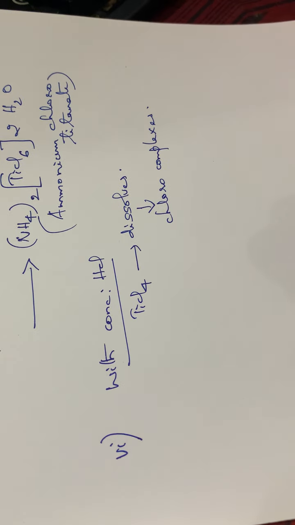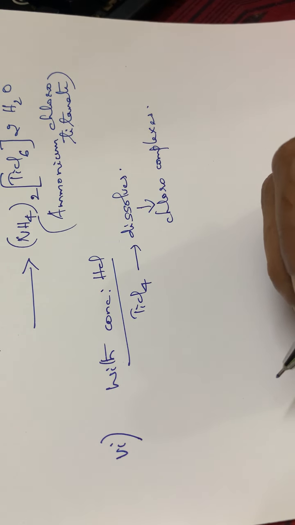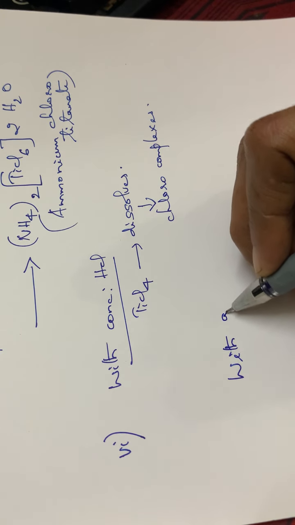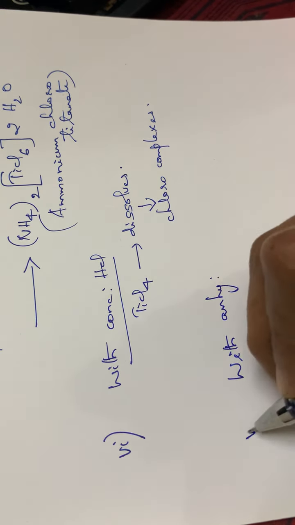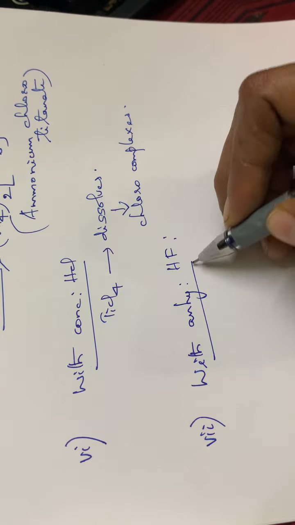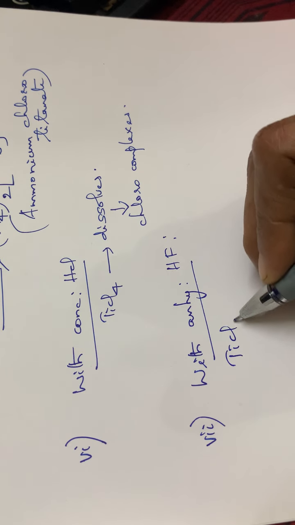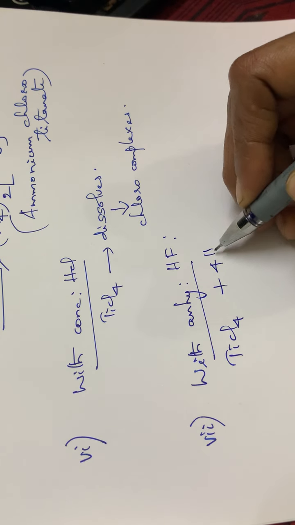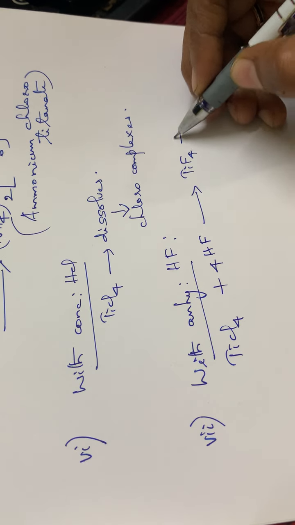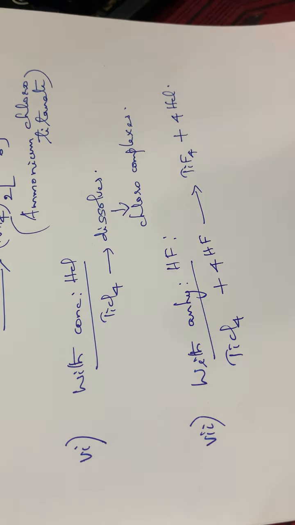Then the next one is the reaction with anhydrous HF, the seventh reaction. Here titanium tetrachloride plus 4HF gives titanium tetrafluoride plus 4HCl.